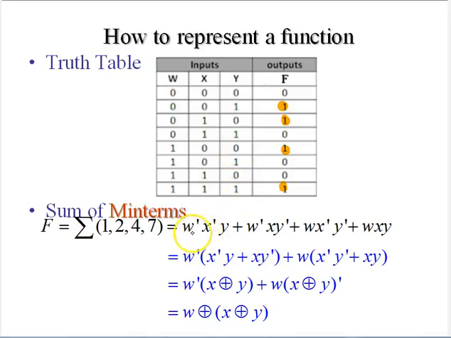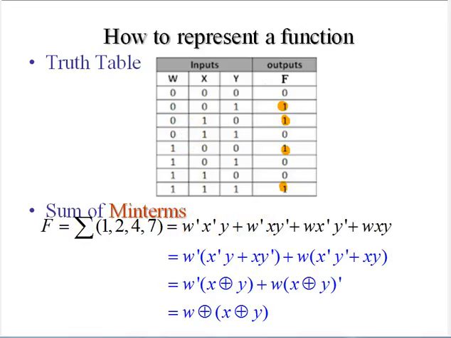Min term 1 is represented by, since it's wxy, w prime x prime y, or 0, 0, 1, and min term 2 is w prime x y prime, etc., as we look at each of the different min terms. Well, we can then use our algebraic postulate of distribution.